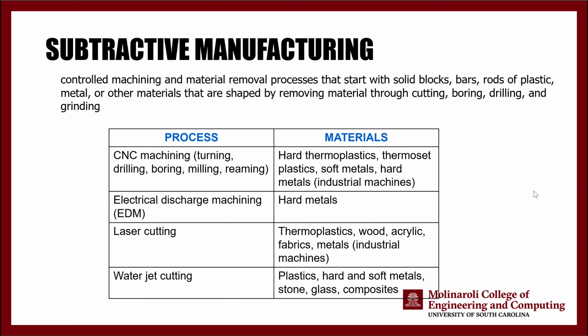Another type is laser cutting, which is used for thermoplastic, wood, acrylic, fabric, and metals. And the last one, which is a machine we have here in our machine shop, is called water jet cutting. Water jet cutting is used for plastics, hard and soft metals, stone, glass, composite, essentially everything that needs precision cutting.